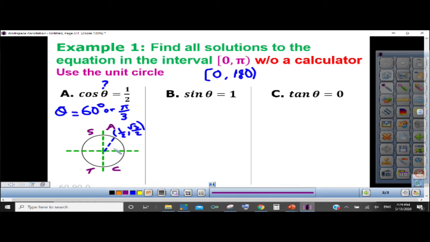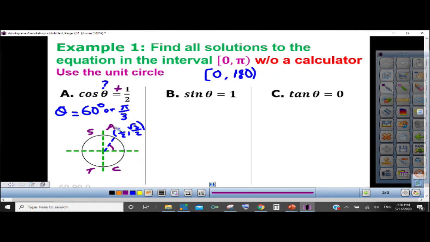Well, there's a 60 here. And there's also another 60 here, but the cosine has to be positive. If you look closely, this is positive 1/2. So basically, you're looking for the quadrant that has a positive cosine. Positive cosine. Okay?